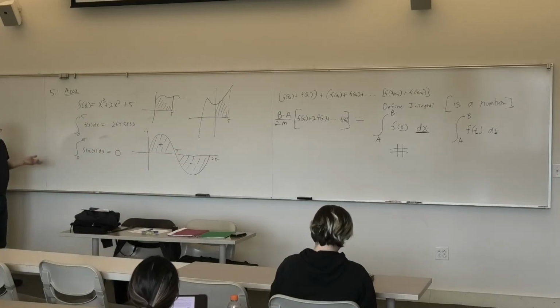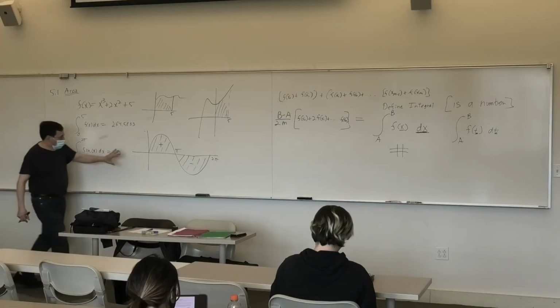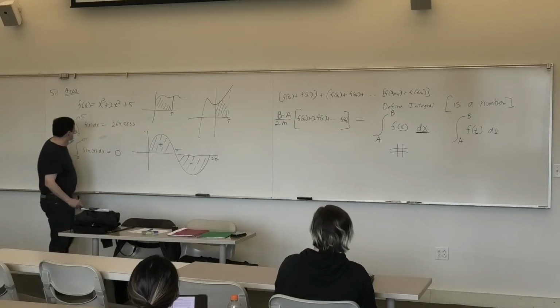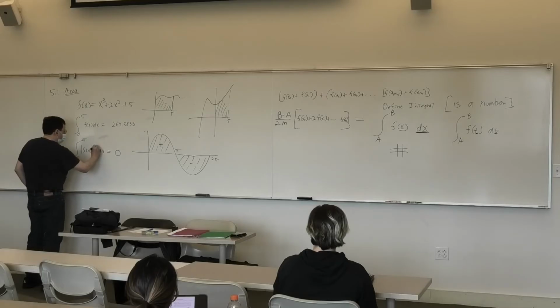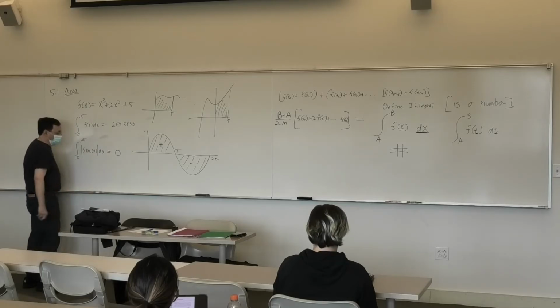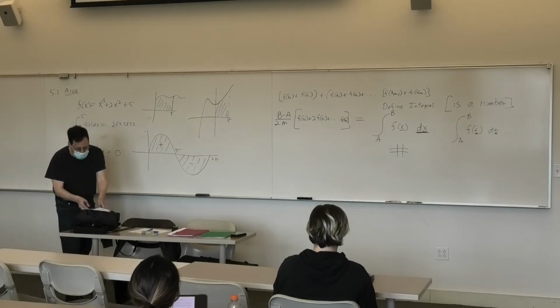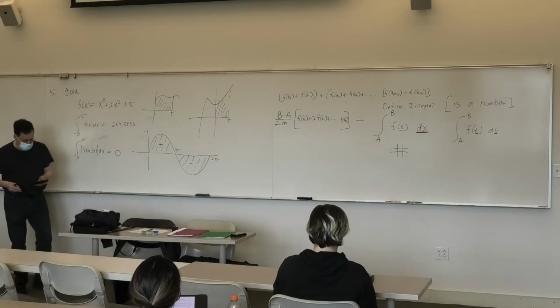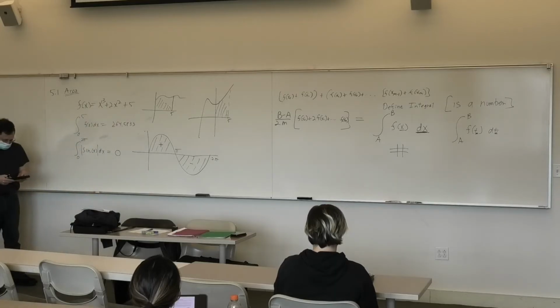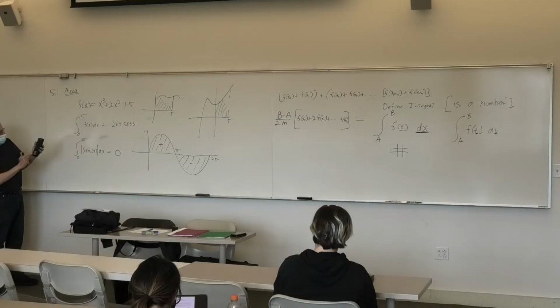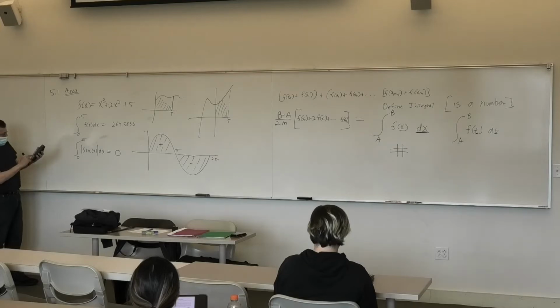Now, let's say you really don't want that. You really want to know what the area is here and here. You can just do this on the calculator. You can find the absolute value of the sine of x. You don't know where the absolute value is? Second, down below, there's a thing called catalog. There may be an easier way, but the first function that comes up is absolute value.